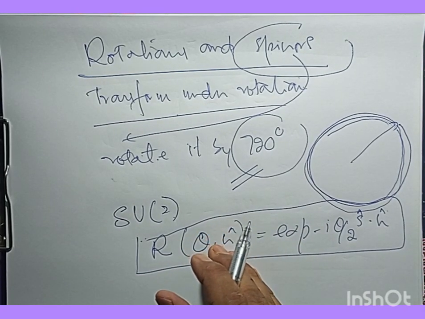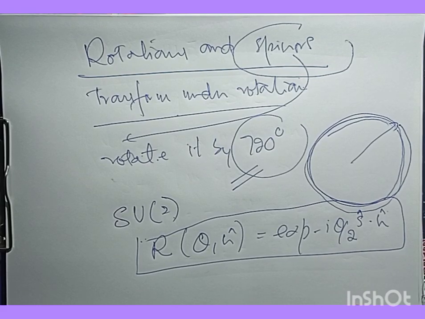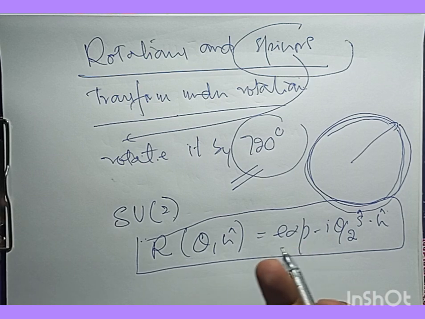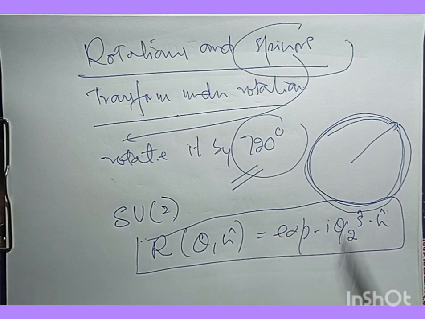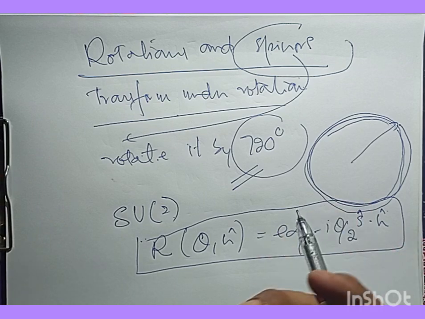Now, to move on from here, let's go back to the Stern-Gerlach experiment. In the Stern-Gerlach experiment, we have a beam of silver atoms, which have unpaired electrons. They are passed through an inhomogeneous magnetic field along some z direction.